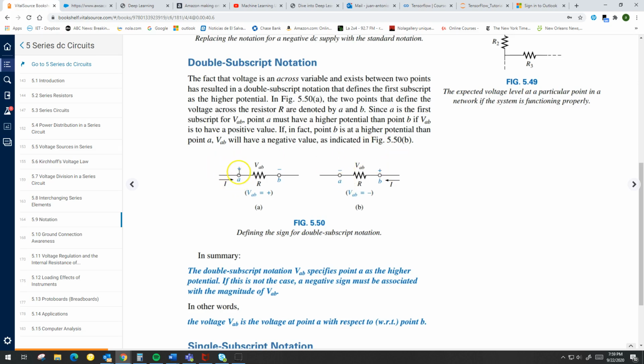By keeping the leads of a meter, the positive in A, the negative in B, in this other example, same idea. If we keep the positive lead in A and the negative lead in B, you read a negative voltage, and you've done that in the lab, right? When you swap the leads.